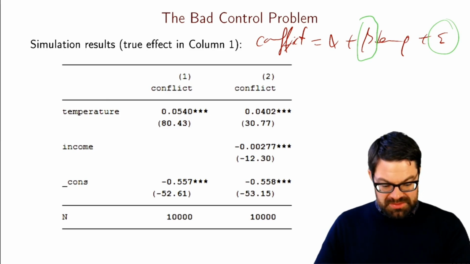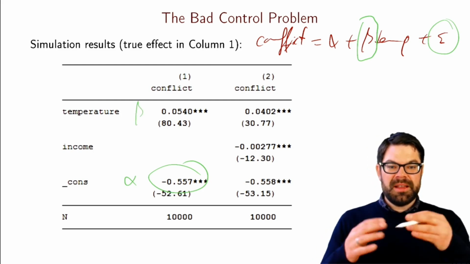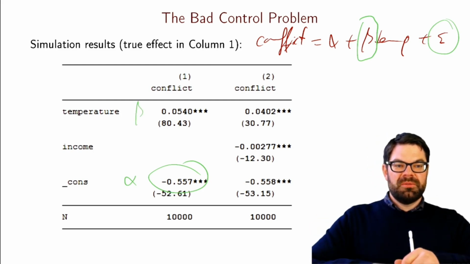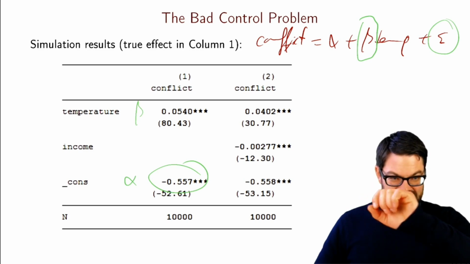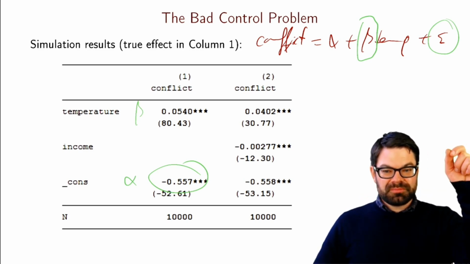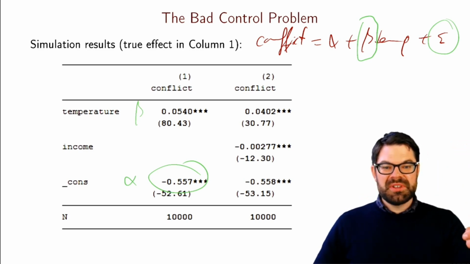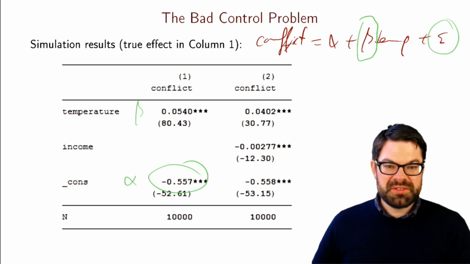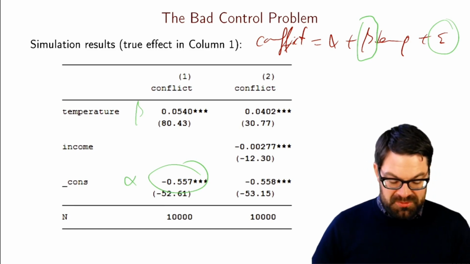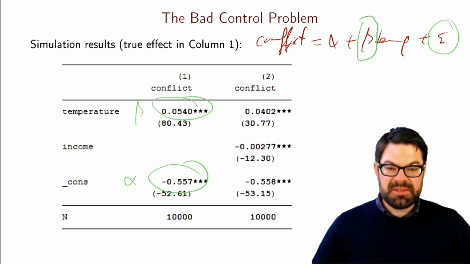So alpha is this down here, and that's beta. We make assumptions about those, run the same regression 10,000 times, and then see what the average effect is. Okay, so that's what we get here.